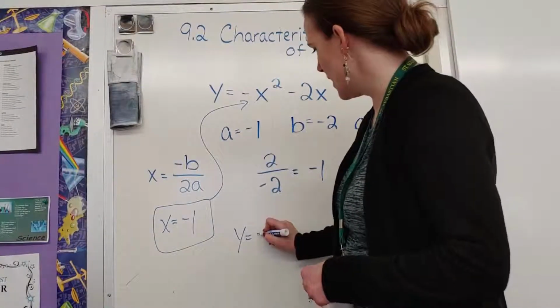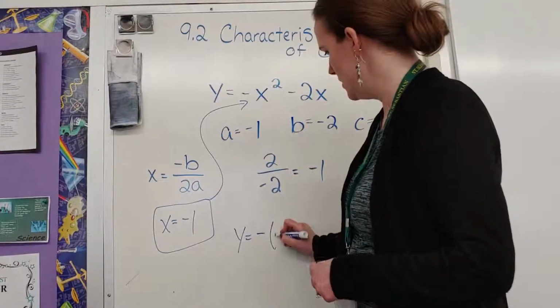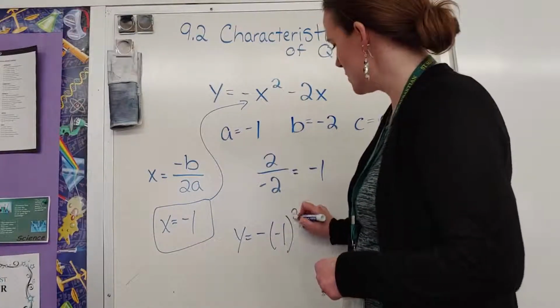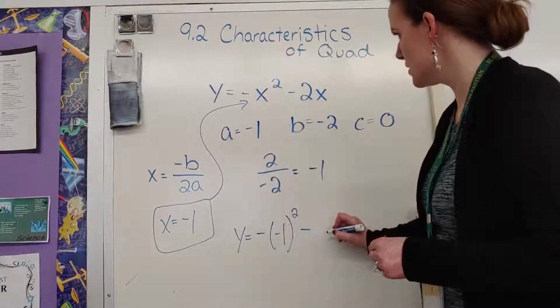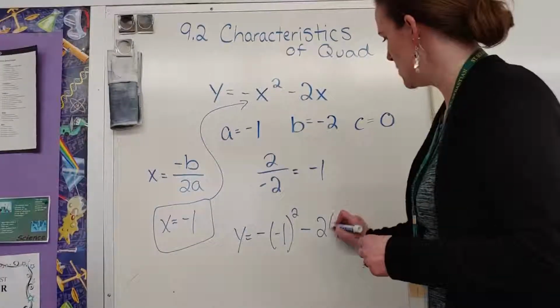Actually, here, I'll write it all out: y equals negative 1 squared minus 2 times negative 1.